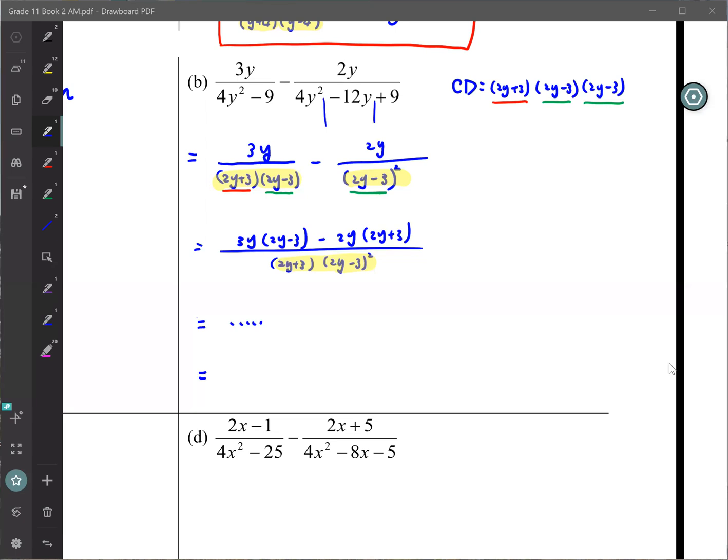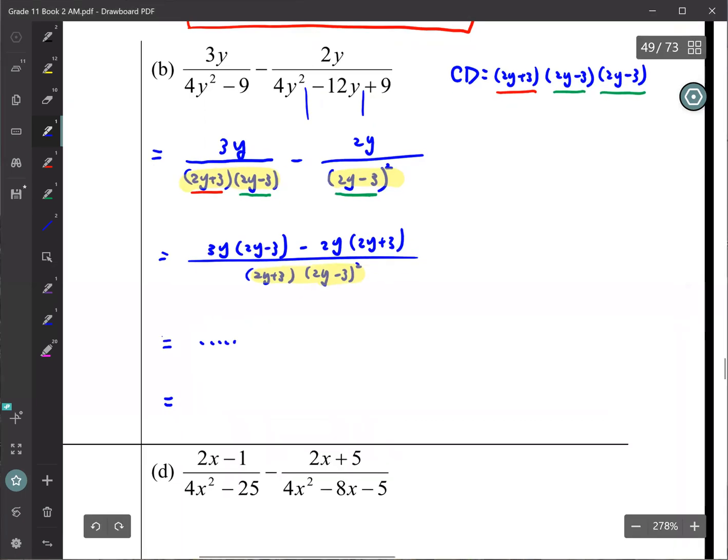Okay, we have 4 people finished. Anyone else? Brendan, what does your final answer look like? 2y squared minus 15y over 2y plus 3 bracket 2y minus 3 squared. Okay.